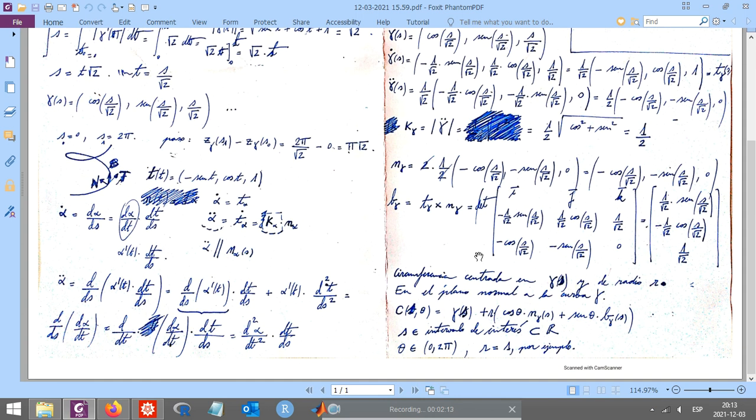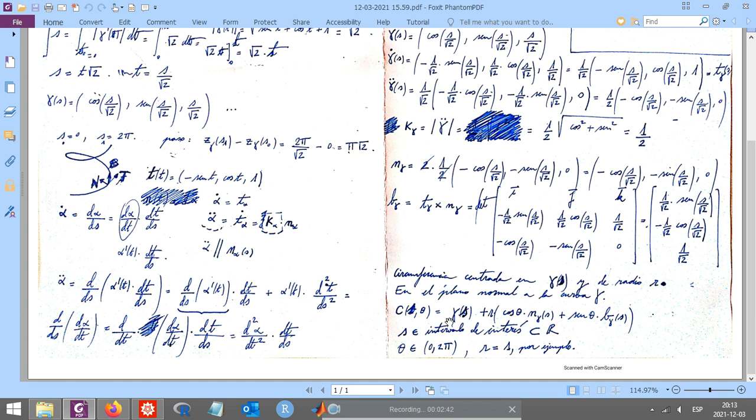So once I have the expressions for those two vectors, the circumference will be a function of s as it runs along the helix, and theta, which will give me the whole circumference.